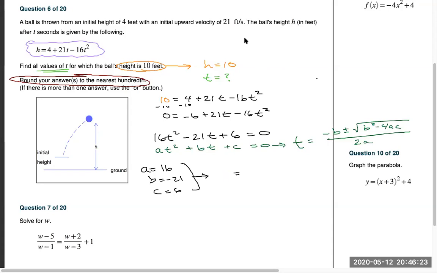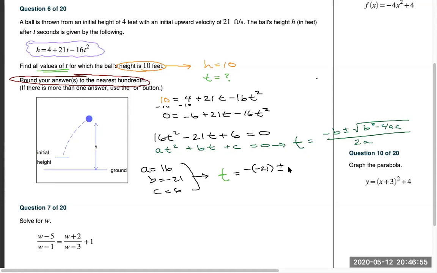So these T values here, the T values we're looking for will be equal to negative B. Notice when I have an actual negative B value, I need to put parentheses around B so the negatives cancel in the next step.